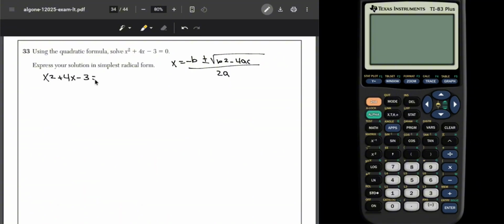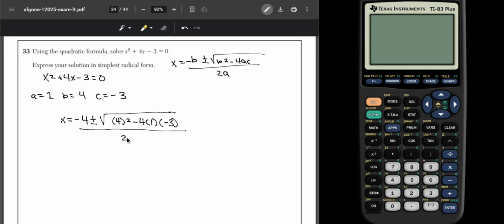So first thing, write down what your a, b, c is. My a is going to be 1, my b is going to be 4, and my c is negative 3. Remember your sign. So I'm going to write x equals negative 4 plus or minus the square root of 4 squared minus 4. My a is 1, c is negative 3, all over 2 times 1.